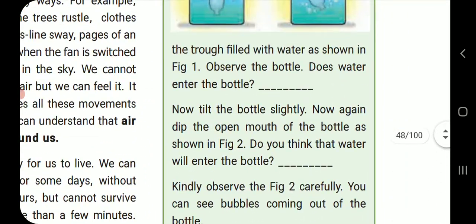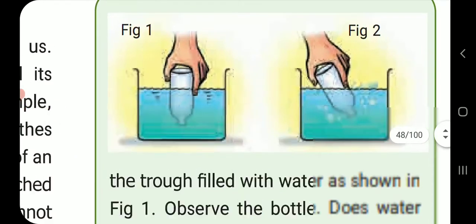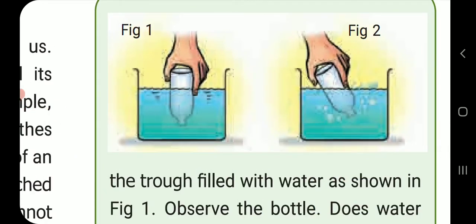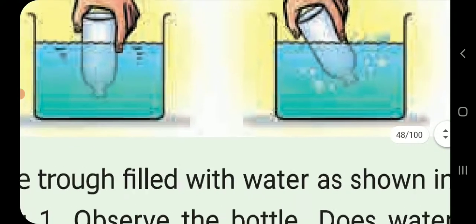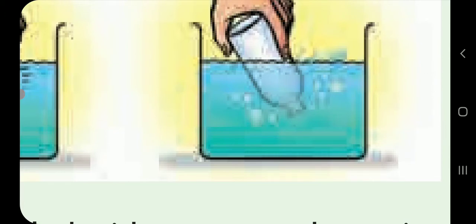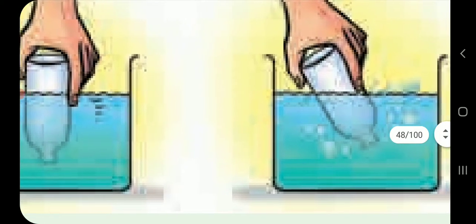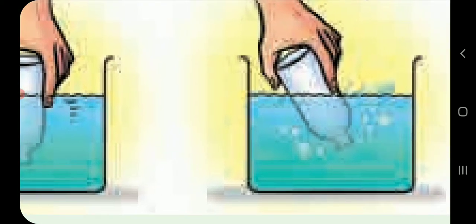Then the important experiment by which we can prove that there is air: just take a container and dip it upside down in water, and small white bubbles arise. Have you ever seen this? The small white bubbles prove that the container is not empty.